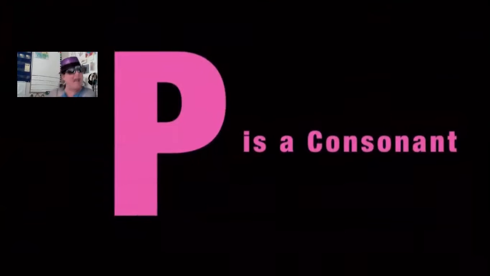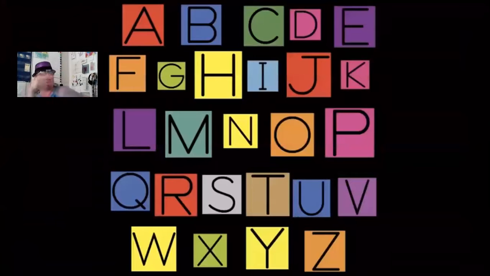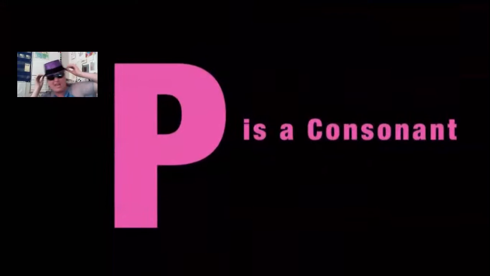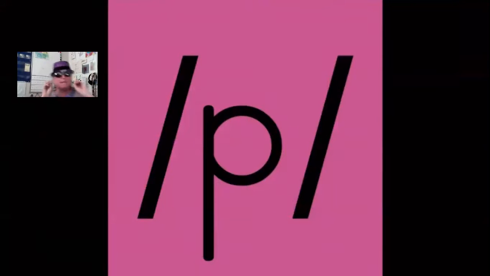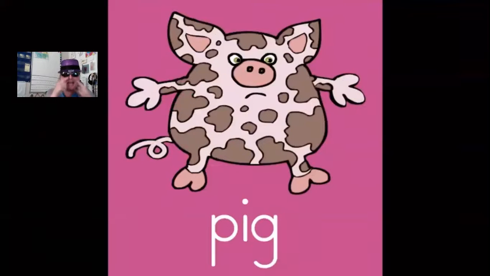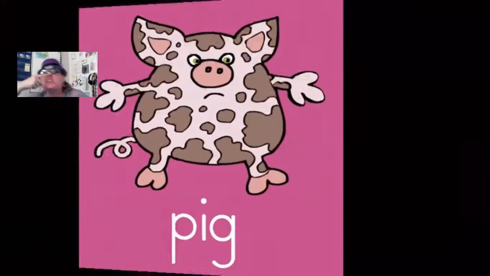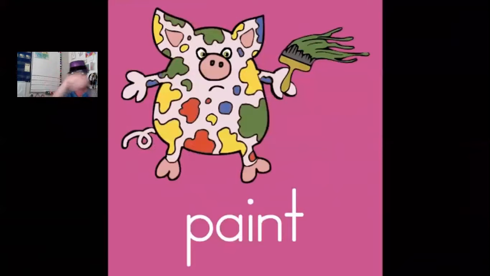P is a consonant, a letter in the alphabet. P. Pig, pig, pig. It liked to paint, paint, paint.